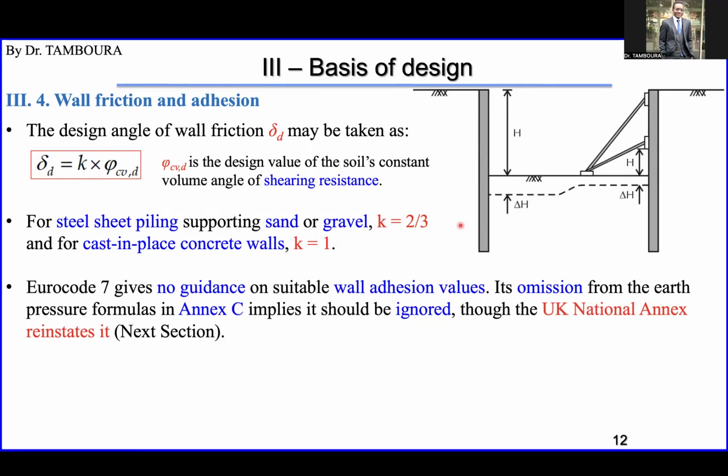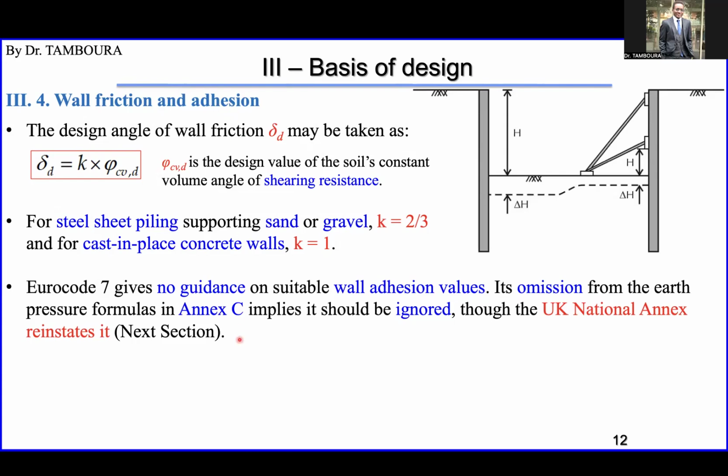There is no guidance because we are talking about adhesion here also. There is no real guidance in Eurocode for adhesion, because when you check, and we will see it later, the Annex C of Eurocode 7 Part 1 is not including anything about adhesion.